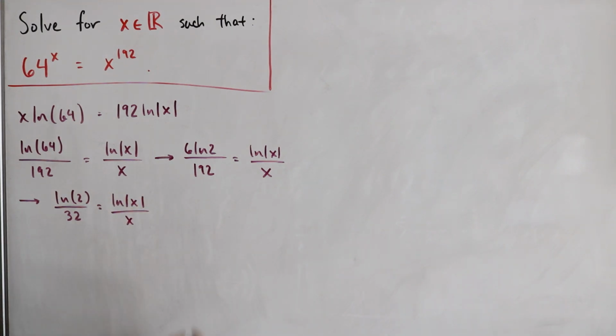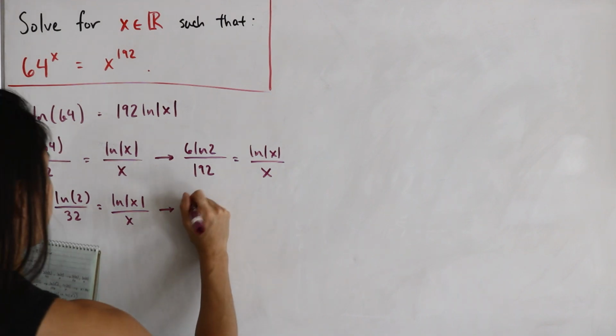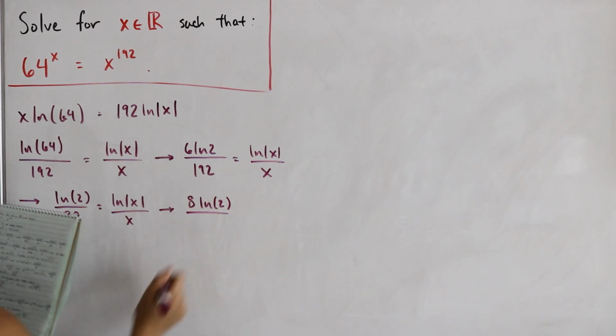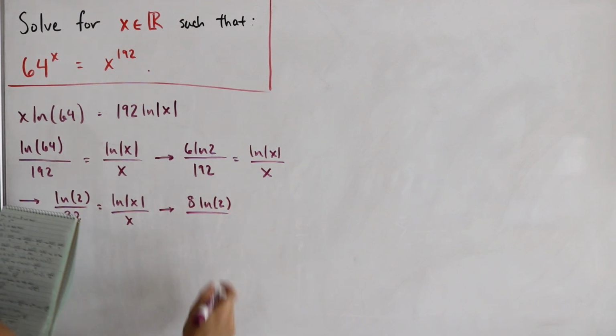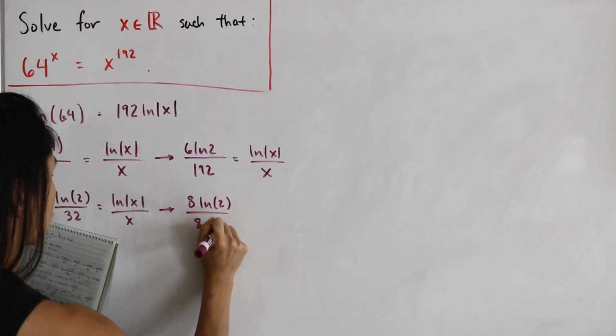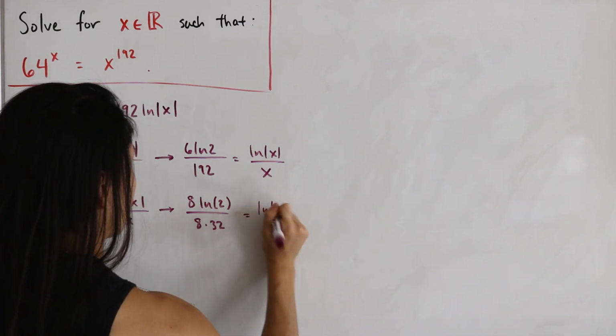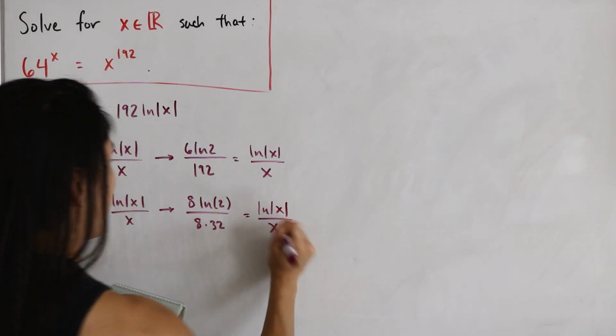So let's get a little creative here. Let's now multiply an 8 to both the numerator and denominator. So I have 8 times the natural log of 2, and then 8 times 32. Actually, let me first write this out in full. So 8 times 32, and then we have the natural log of x divided by x.